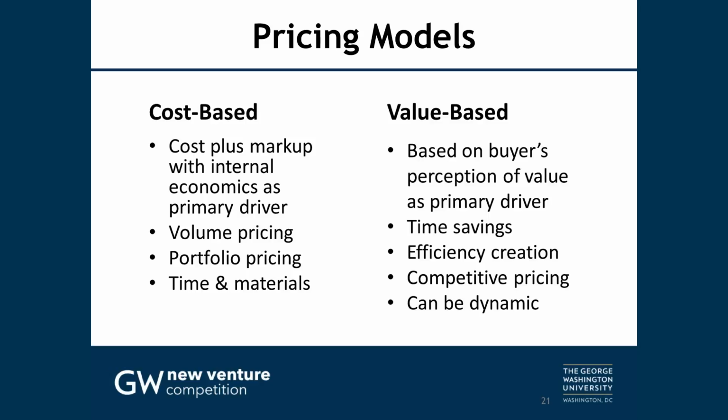So hotels, for example, the value of a room in a hotel varies widely with how full that hotel is. So you'll notice if you call up a hotel a week in advance and buy a room, the price will be different than if you call up the night before and they have lots of rooms available. So airlines do this for tickets on planes. Value changes over time, so your pricing can also be dynamic.